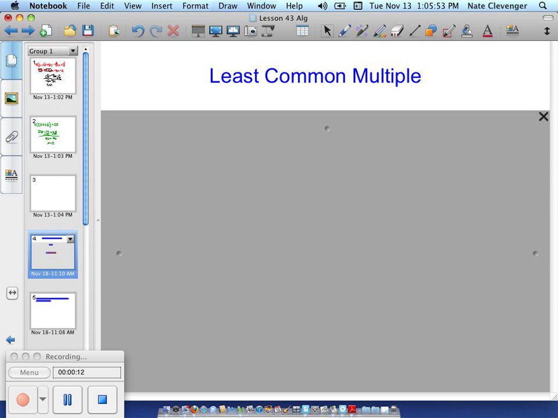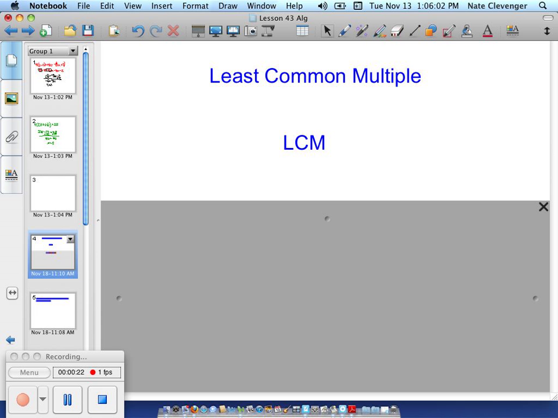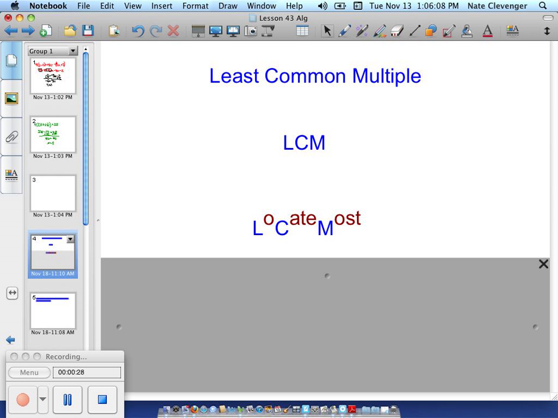We're going over lesson 43, least common multiples. We did least common multiples last year with pre-algebra stuff. Call it LCM, least common multiple. I like to think of the least common multiple as locating the most.